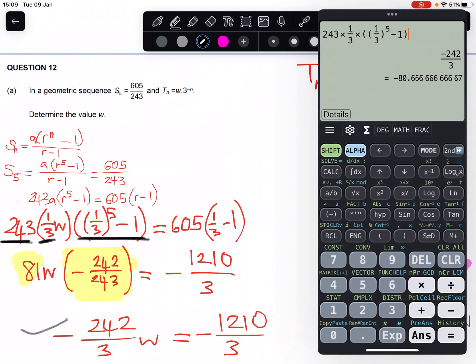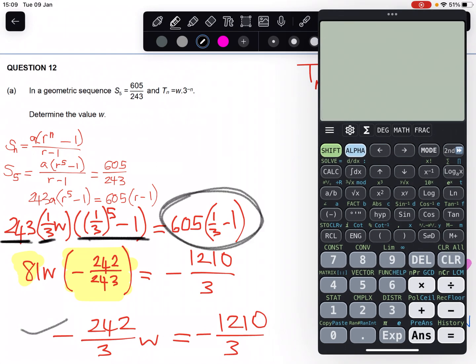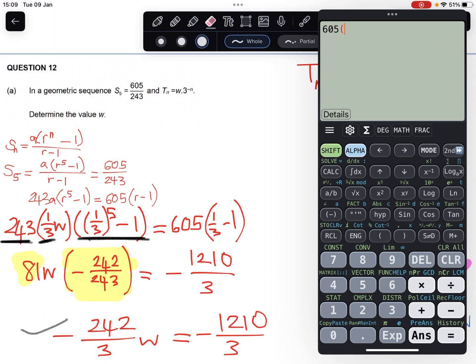Then the next thing I need to double check is whether the right-hand side evaluates to what I think it evaluates to. Okay, so 605 times a third minus 1 does give me negative 1210 divided by 3.